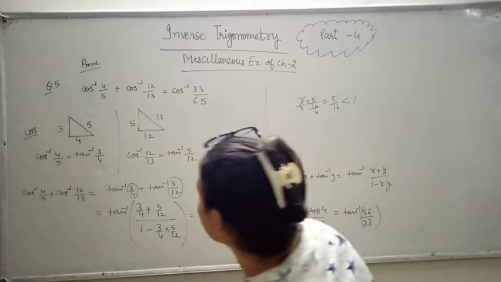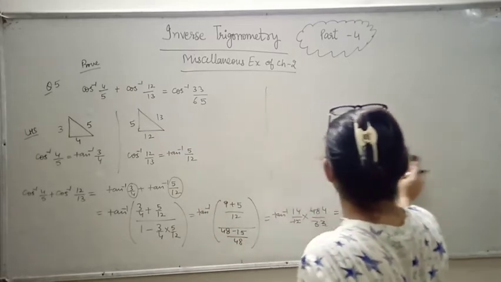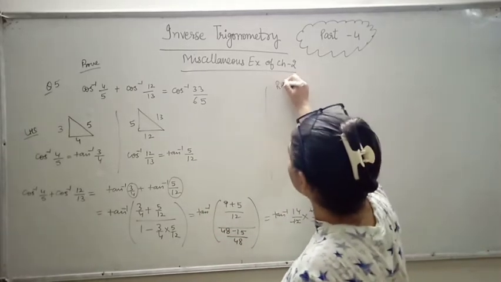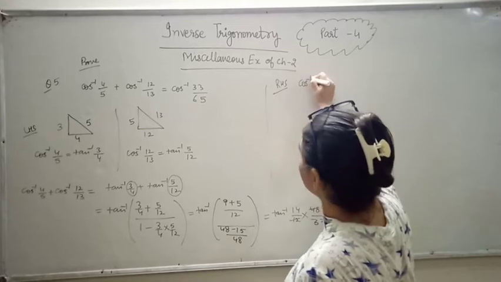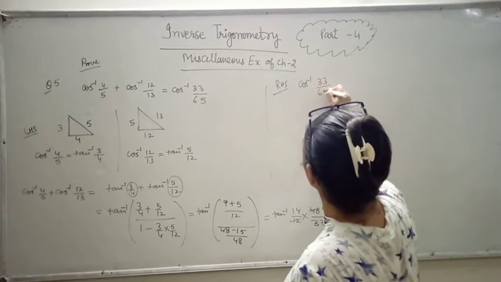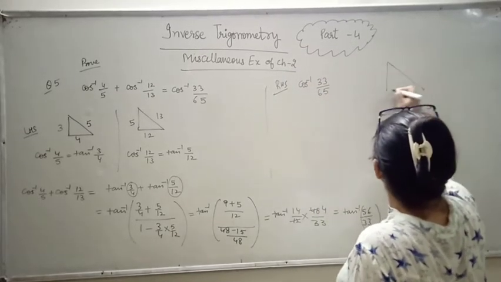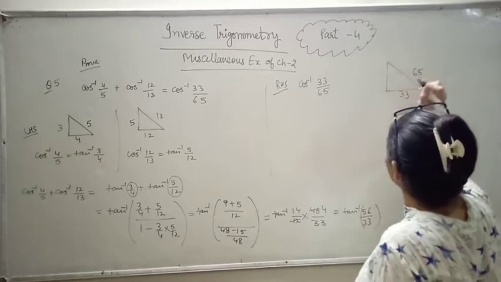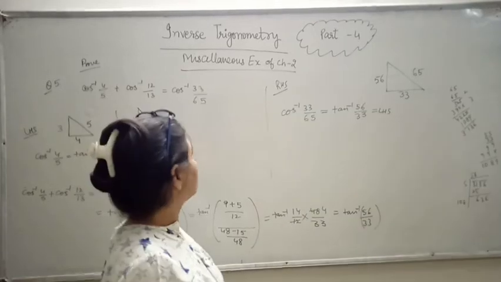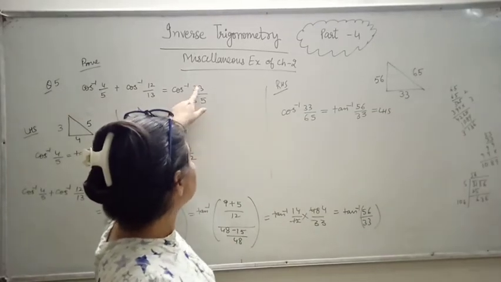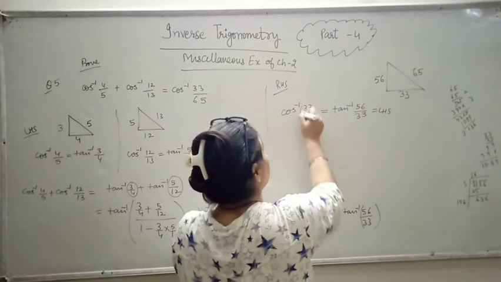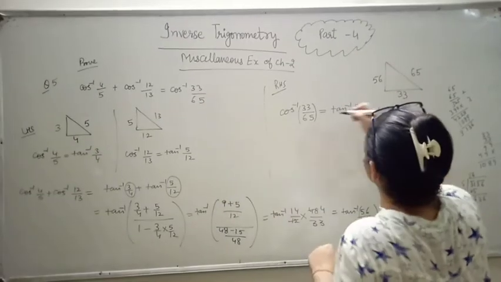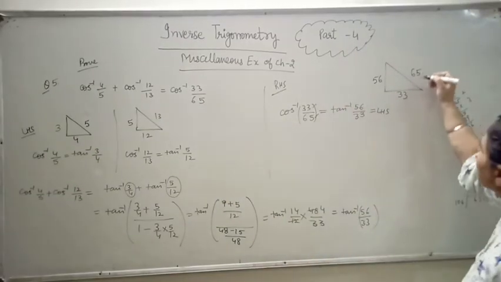Now I will simplify your right hand side. In right side we have been given cos inverse 33 by 65. So students, in right side it is cos inverse 33 by 65. By applying the Pythagoras theorem, this is base and hypotenuse 33 by 65.